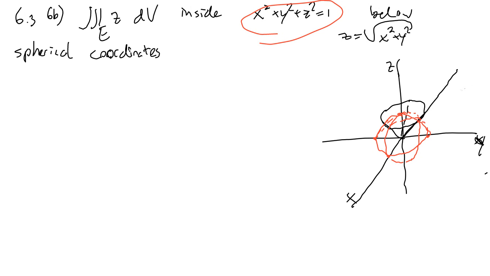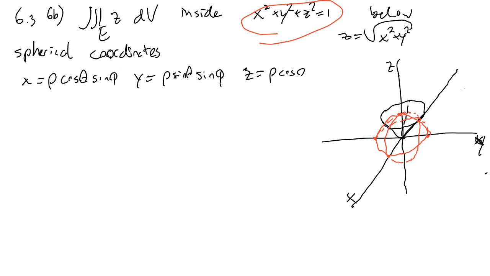Of course, you have to know how these things are defined. So x is rho cos theta sine phi, y is rho sine phi sine theta, and z is rho cos phi.